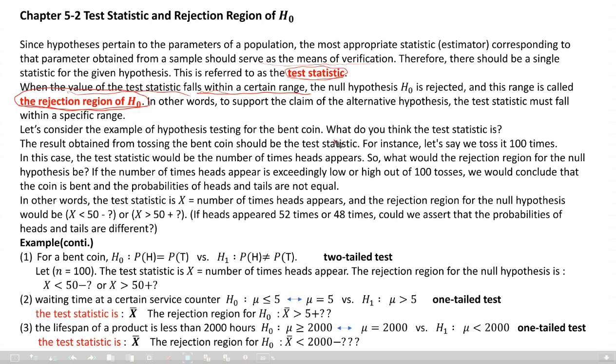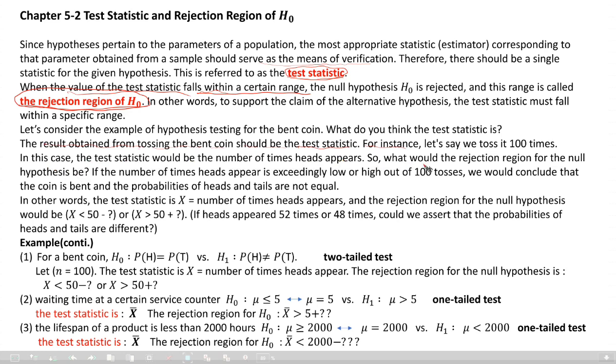You may toss that coin several times, and you may make a decision about the hypothesis from the result. The result obtained from tossing the bent coin should be the test statistic. For example, let's say we toss 100 times. In that case, the test statistic would be the number of times heads has appeared.